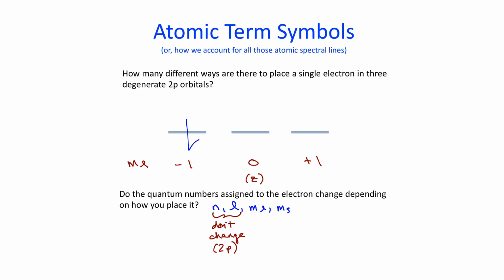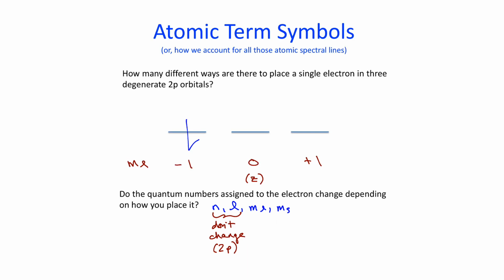Again, just convention. Okay, so now let's ask ourselves the question again, do the quantum numbers assigned to the electron change depending on how we place it? Now looking at m sub l, we can see, having done our labeling here, that it does in fact matter how I place my electron. It matters if I place it in this orbital, or this orbital. Each one of those has a different m sub l quantum number associated with it. Same with the m sub s.